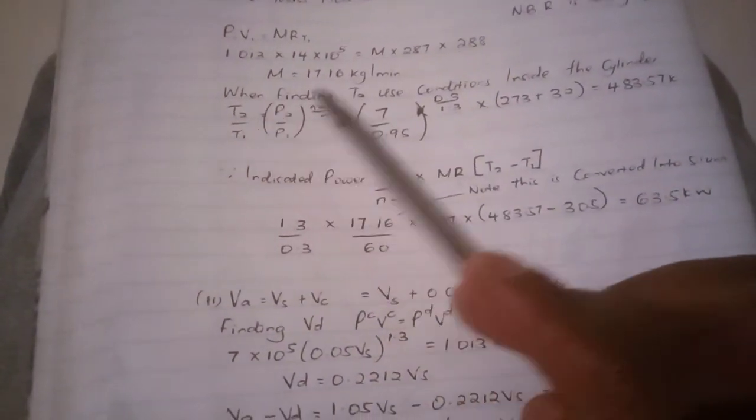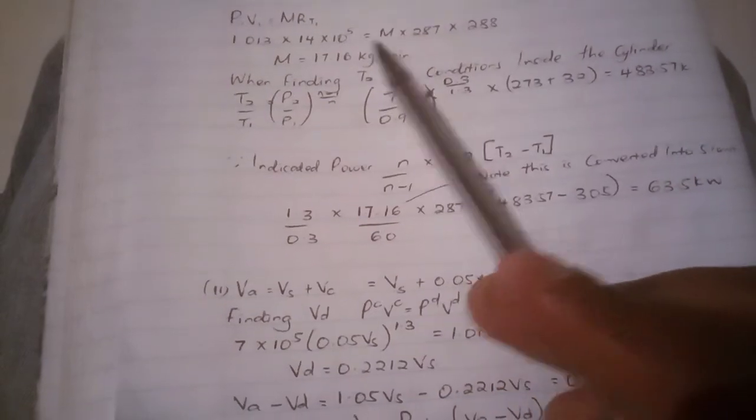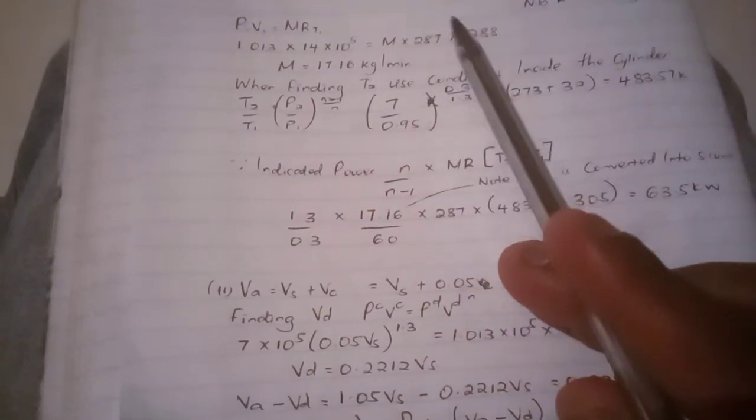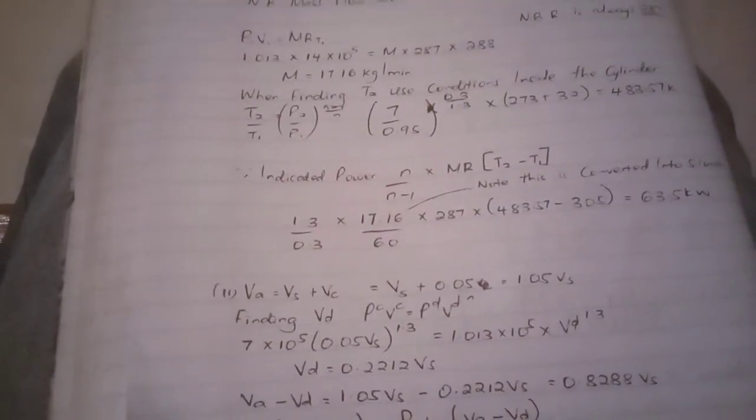When finding T2, we use conditions inside the cylinder, not outside the cylinder.